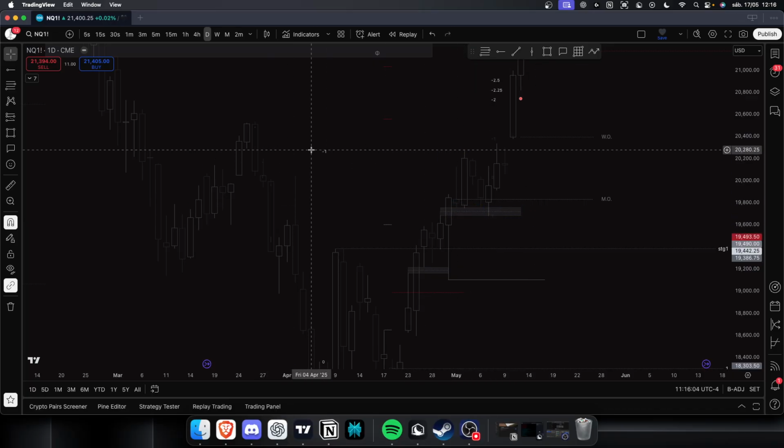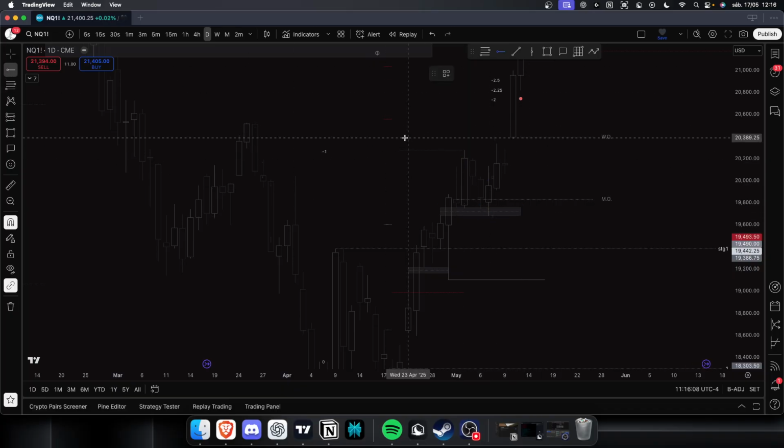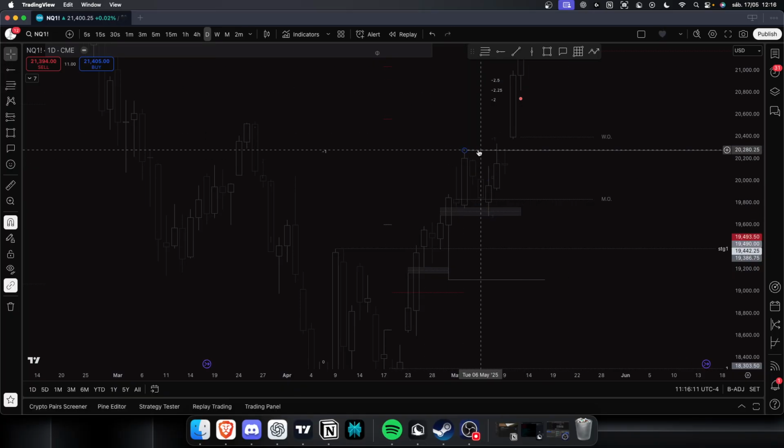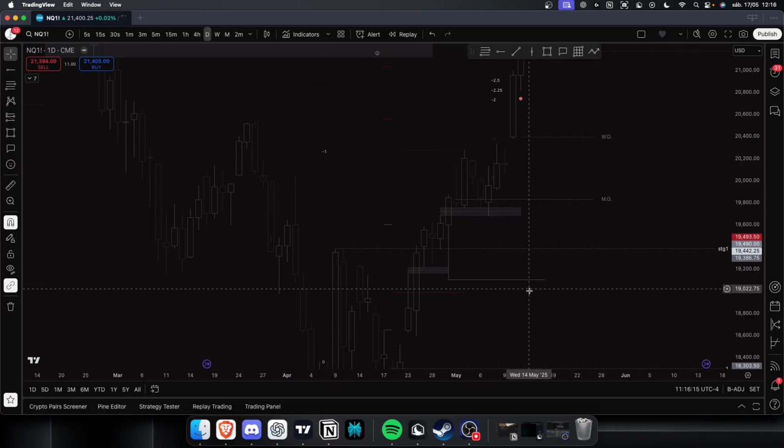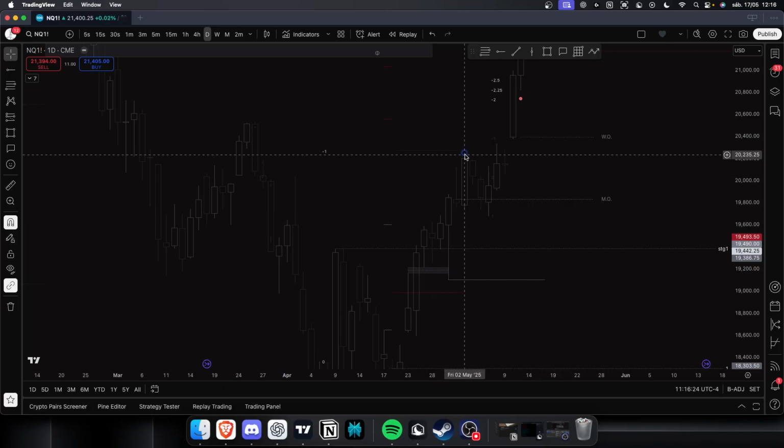As you can see, it sweeps the high, mitigates this, continues higher into the next target that would be external range liquidity. Now within this, if you go into price yourself and you try to apply whatever I teach you here, you'll see that the targets will work in a lower time frame for the FVG, and then from there it will go down here, and then from here it will go up.